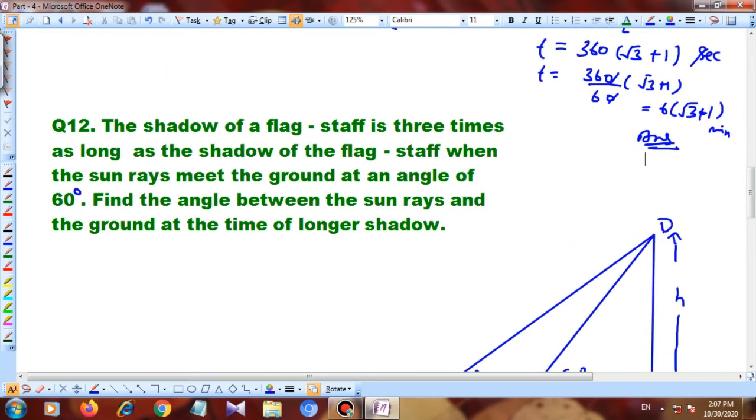Our next question is, the shadow of a flagstaff is 3 times as long as the shadow of the flagstaff when the sun rays meet the ground at the angle of 60 degree. Then find the angle between the sun rays and the ground at the time of longer shadow.